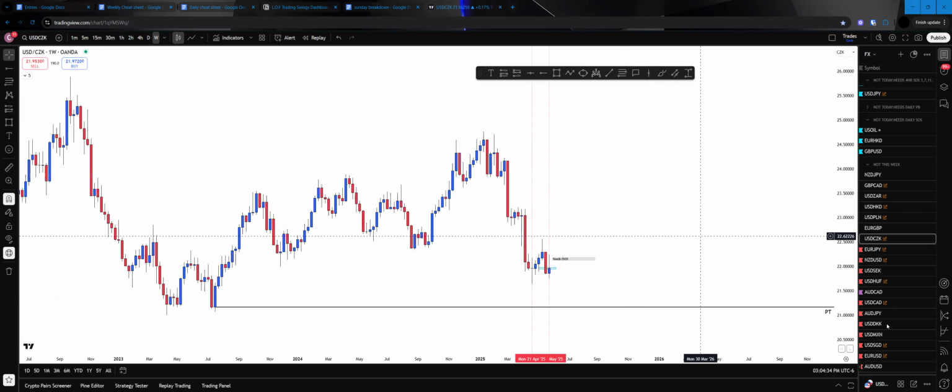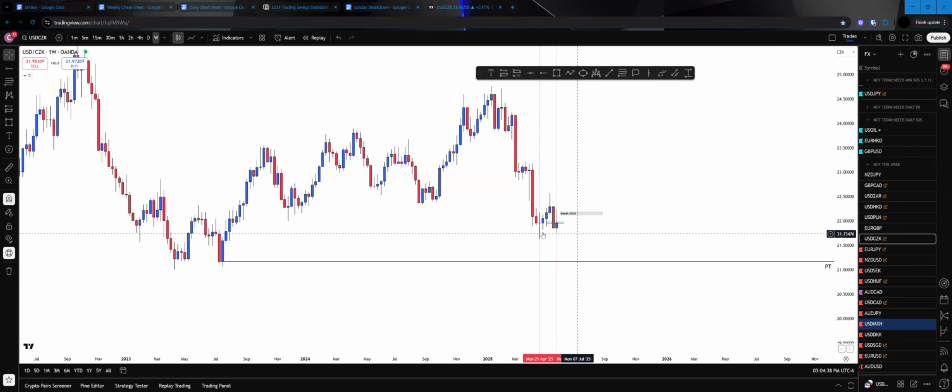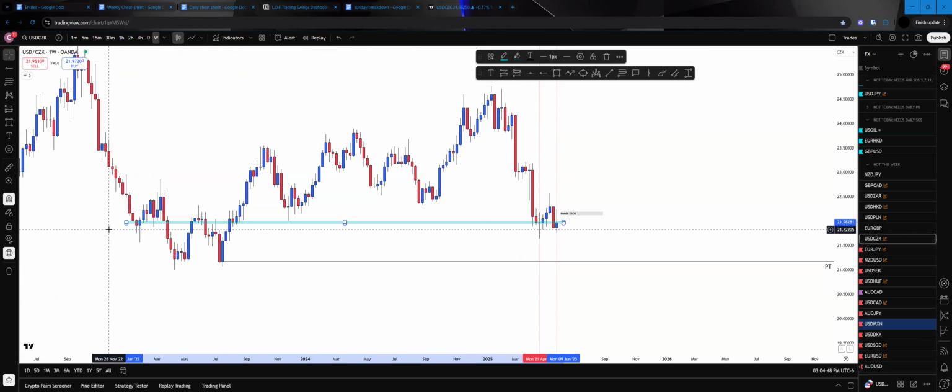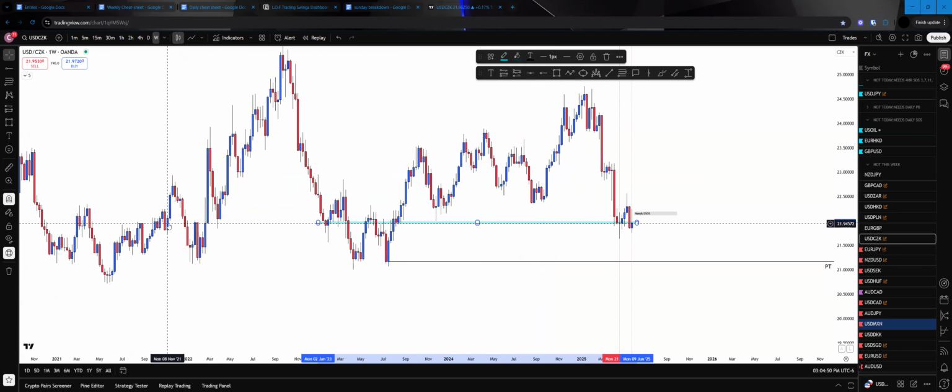Use the CZK, weekly wick pullback. Yeah, this is not bad.